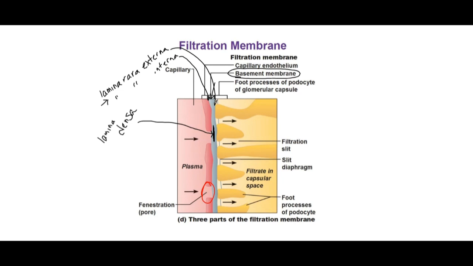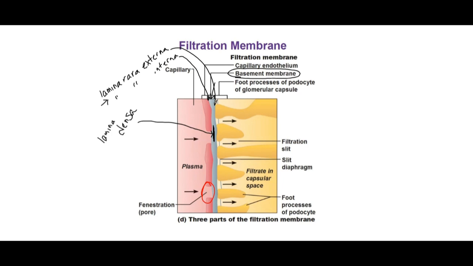But all of those darker yellow parts are those podocytes. It's the foot processes of those epithelial cells that are in direct contact with that basement membrane. So the basement membrane physically joins your endothelial cells from your glomerulus with the podocytes of your epithelial cells from Bowman space.